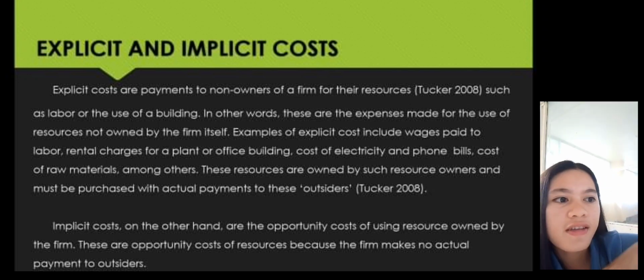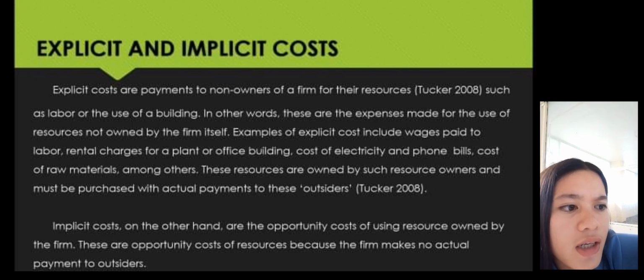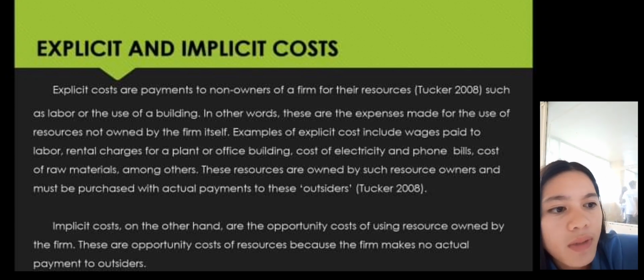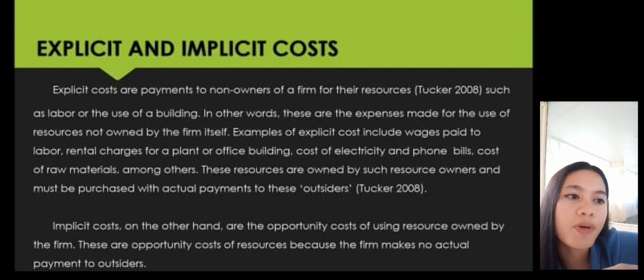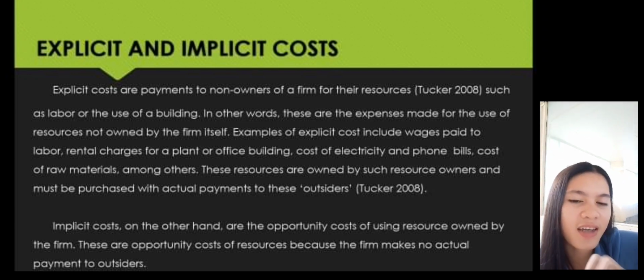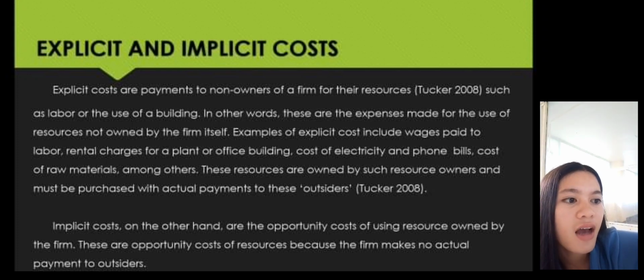So whereas sa implicit cost, on the other hand, are the opportunity cost of using resources owned by the firm. These are the opportunity cost of resources because the firm makes no actual payment to outsiders. So opposite siya sa explicit and implicit. Kay an implicit is the using of resource owned by the firm.